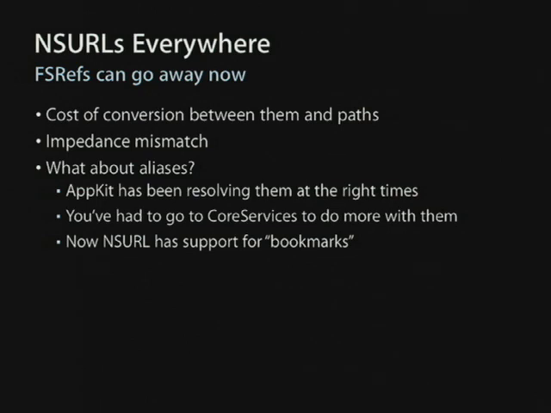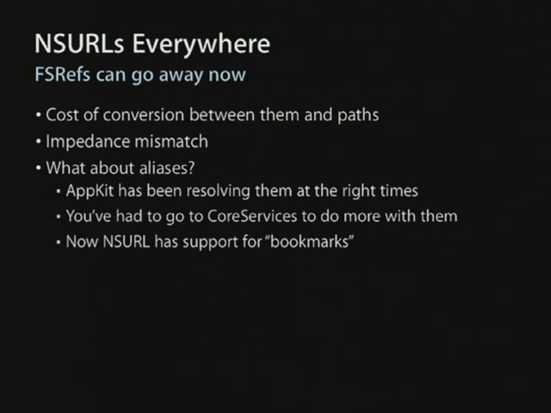So FSRefs can go away now. And good, because the cost of conversion between them and paths was a performance problem. And just a conceptual problem, you're doing Cocoa programming and you find that there's something that's supported by Mac OS X and it's not in Cocoa. You have to read a whole other set of documentation and stuff like that. And then you have to write code that converts between these different types. This is the impedance mismatch that we talk about. So that's going to go away.